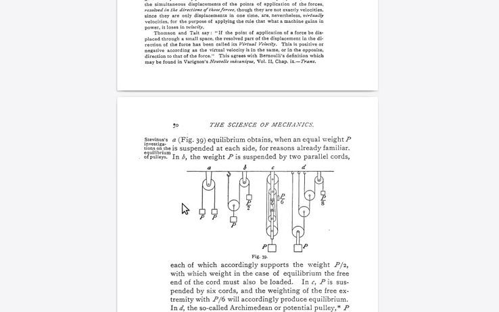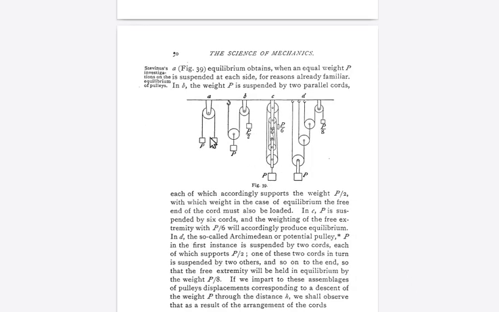In the case A, figure 39, equilibrium obtains when an equal weight P is suspended at each side for reasons already familiar. In B, the weight P is suspended by two parallel cords, each of which accordingly supports the weight P over 2, with which weight, in the case of equilibrium, the free end of the cord must also be loaded.